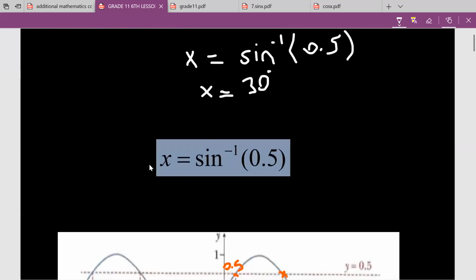When we use x equals inverse sine 0.5, x equals 30 degrees.